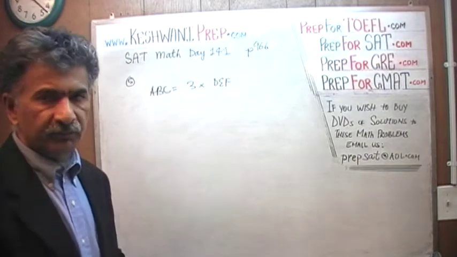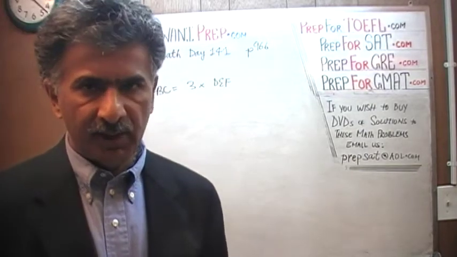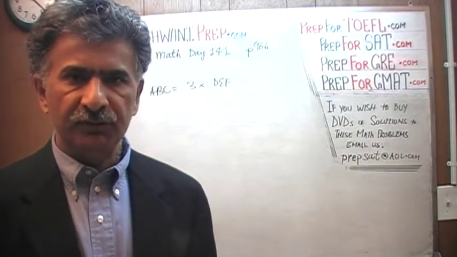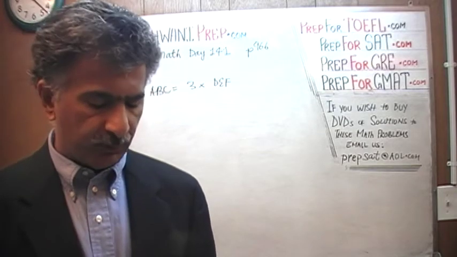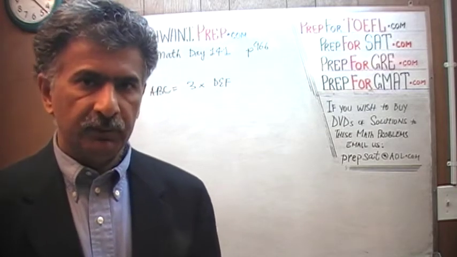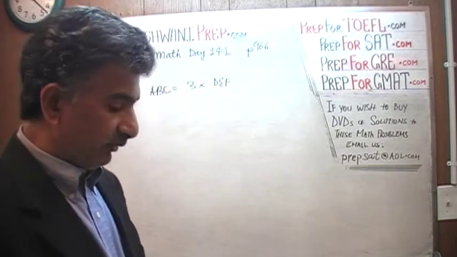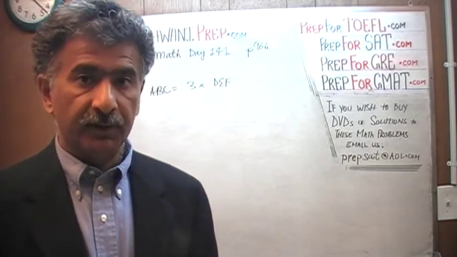So we are told that both of these triangles are equilateral. All 3 sides in each of these triangles are equal. And we are told the perimeter of the triangle ABC is 3 times the perimeter of the triangle DEF.